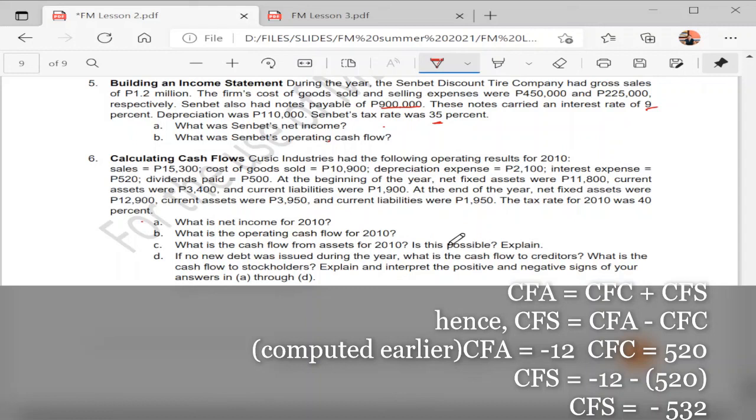But if we want to extract the CFS, that's equivalent to CFA minus CFC. CFA is negative 12, and then minus the CFC, and the CFC is 520. So negative 12 and then negative 520, you're going to sum it up. That would be 532, but it will bear a negative sign, because both are negative. So therefore, our CFS here is negative 532.